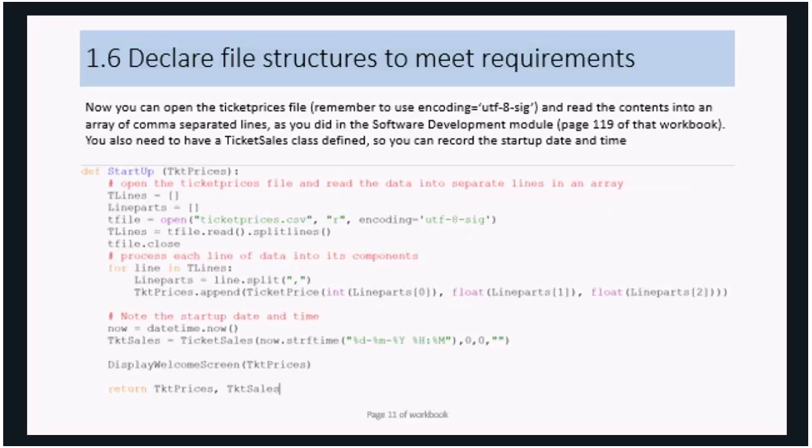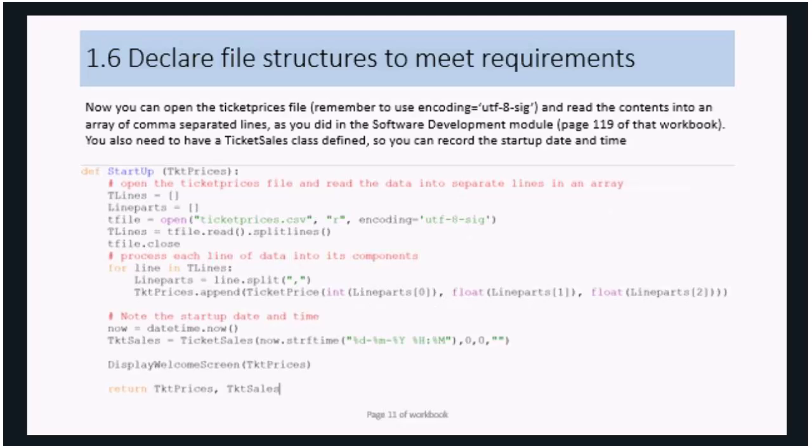It reads everything in, it closes the file, it loops through the array that's just been read in, splitting it out into individual parts, and then initializes a new instance of ticket price like this and appends that to our array. So you will see that happen for 3 stages of travel, 6 stages of travel, and 9 stages of travel.